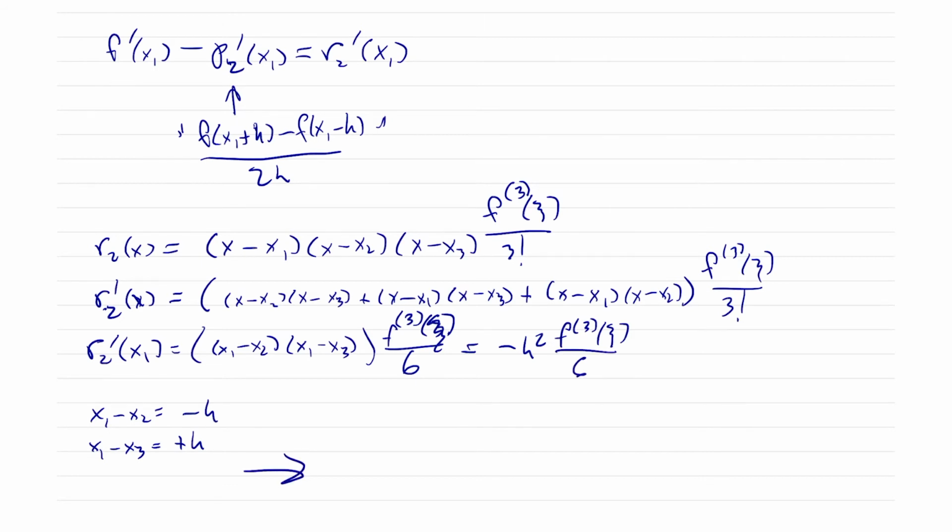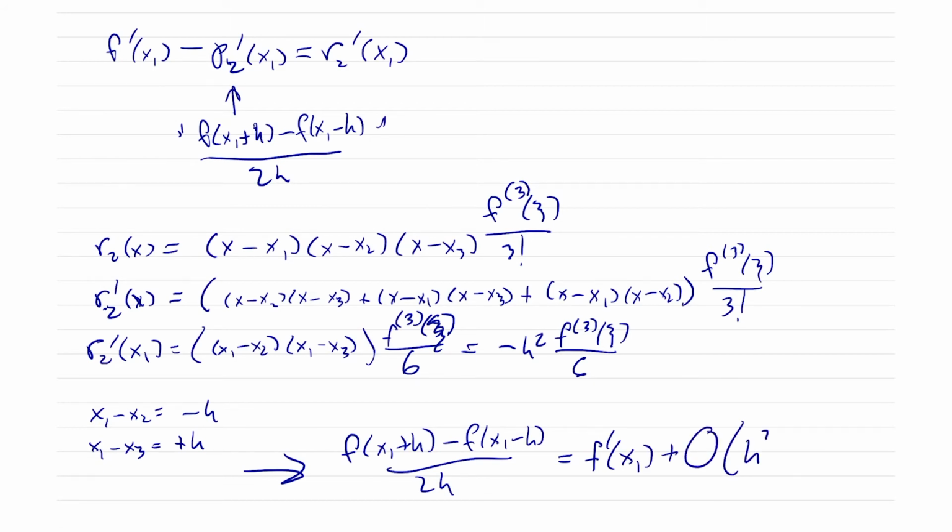So that tells us that (f(x1 + h) - f(x1 - h))/2h is equal to f prime of x1 plus some big O term of h squared. And so this is much better.